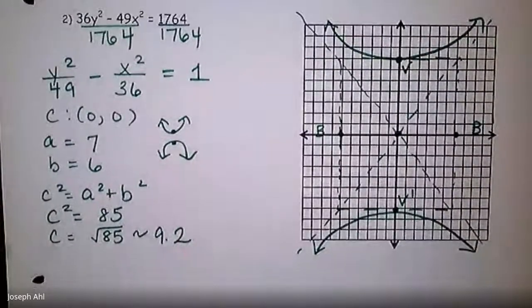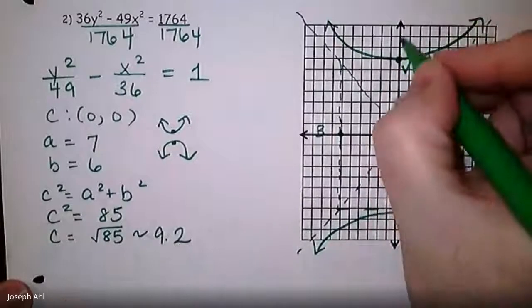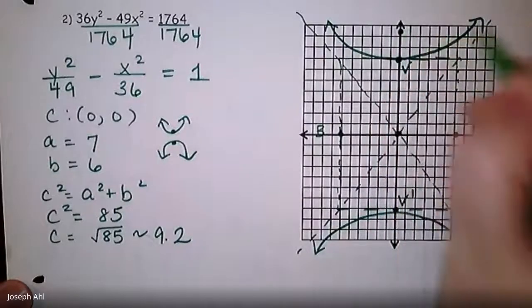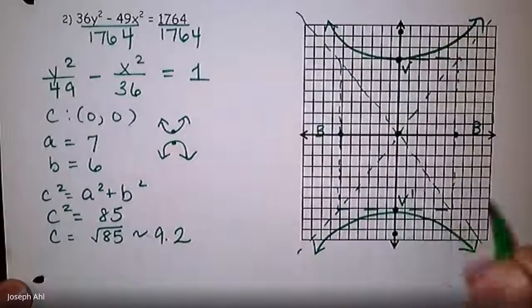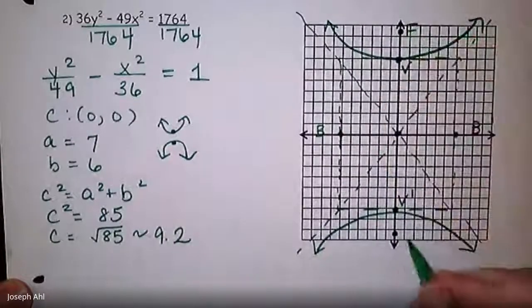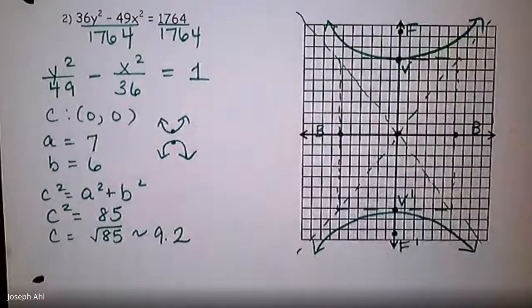We know where the foci are located. They're 9.2 away. 9.2 is pretty close to that top and pretty close to the bottom here, right? Just a little bit more than, and it doesn't have to be perfection, of course. We're just looking that it's in the right general location. So somewhere between 9 and 10. All right, that was a fast sketch, but I think if you're following along here, hopefully you're ready to start listing some coordinates with me.